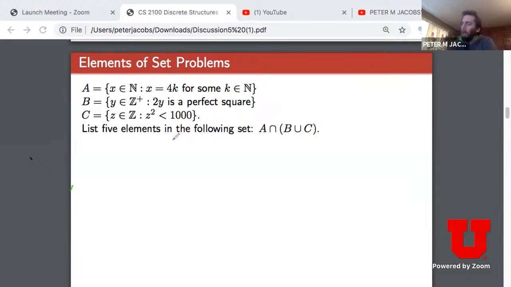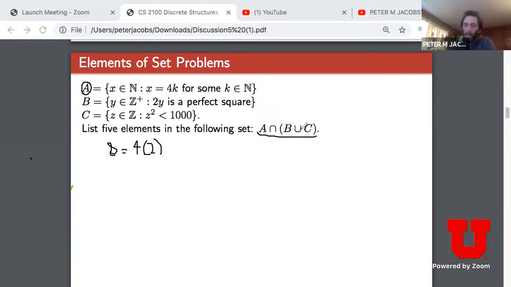First of all, Colton notices that 8 is a multiple of 4. So 8 equals 4 times 2, and so 8 is in set A. So that's good. Because it needs to be in A intersection B union C, next we need to check that 8 is in B union C.